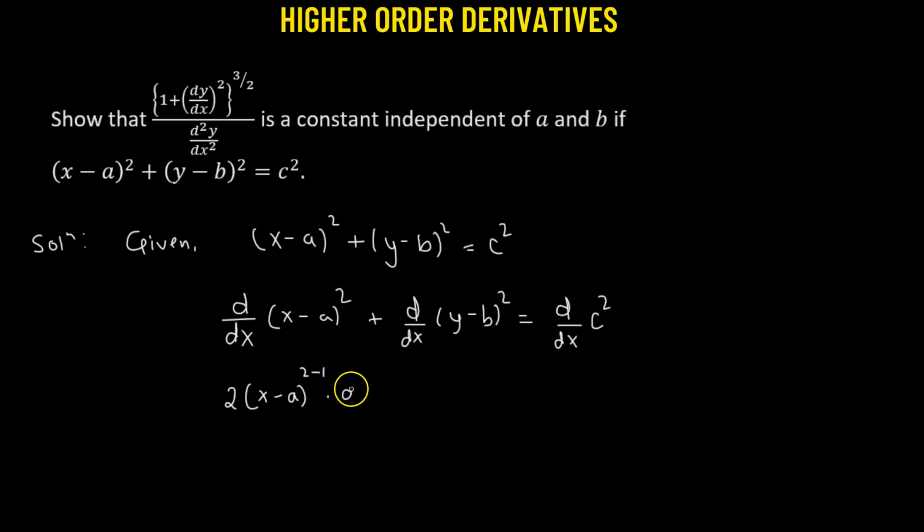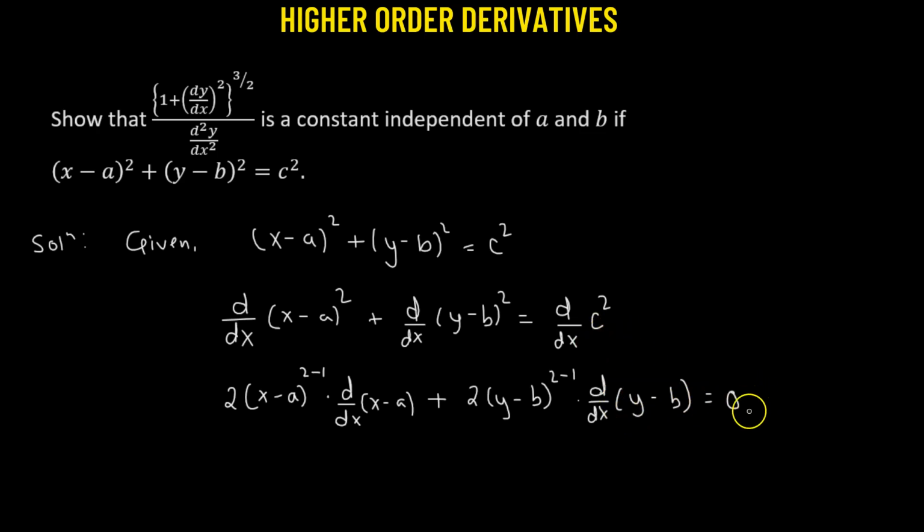Then we have to use the chain rule and multiply it by the derivative with respect to x of (x minus a). Similarly, we apply the power rule first to the second term. So we have 2 times (y minus b) raised to the power of 2 minus 1 and use the chain rule to multiply it by the derivative with respect to x of (y minus b), which is equal to, now c being a constant, the derivative of a constant is always 0.